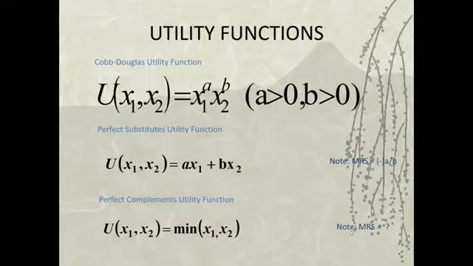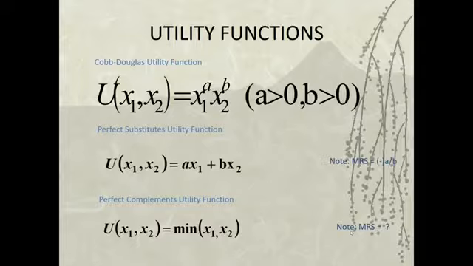So MRS in this case is the inverse of a by b, which implies that the perfect substitute case is perfect. That means the slope is going to be exactly that of the other commodity.